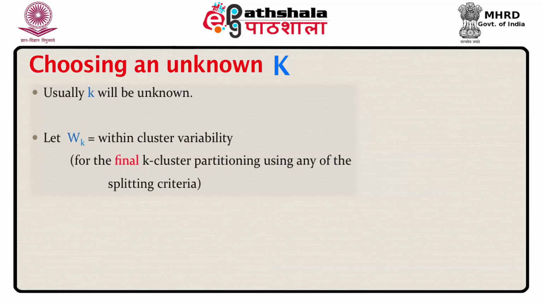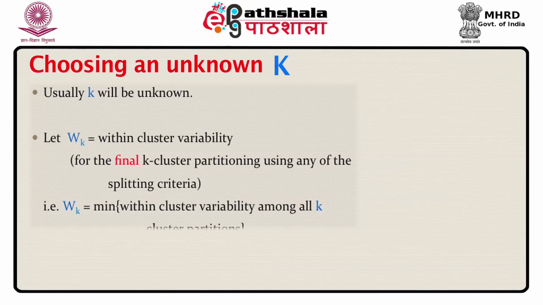Now W3 is the final K cluster partitioning using any of the splitting criteria. You can be using K-means, or you can be using the minimization of within cluster variability, and once you have done the clusters, you look at the within cluster variability. Now Wk thus is the minimum of within cluster variability among all K partitions of the clusters.